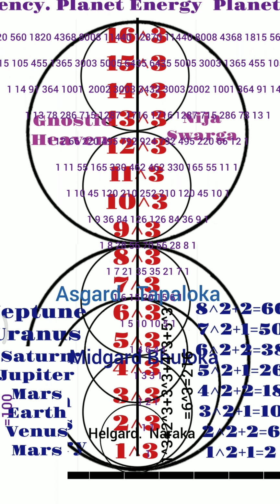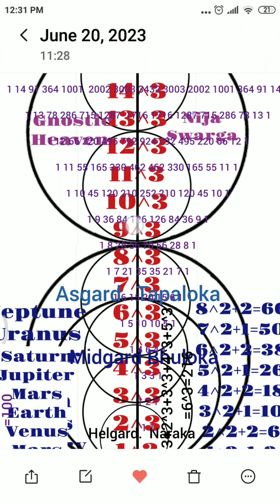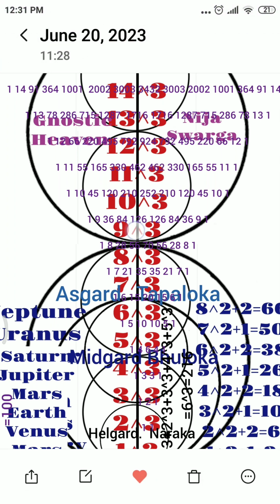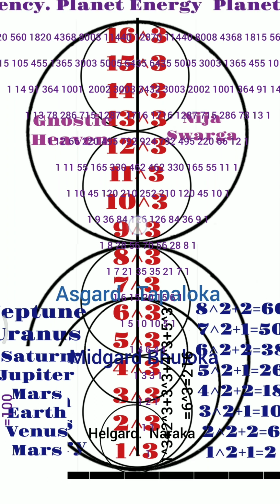The actual gods live somewhere above 9 cube. In fact, 9 cube is the lowest rung of this particular part of the universe, from 16 to 9 cube, and it is above the human domain, which ends with 8 cube.